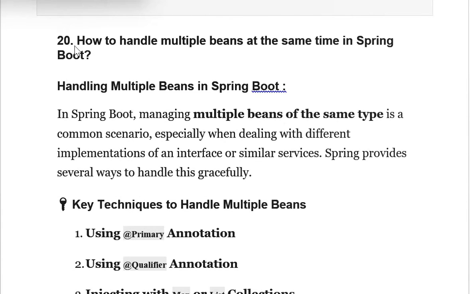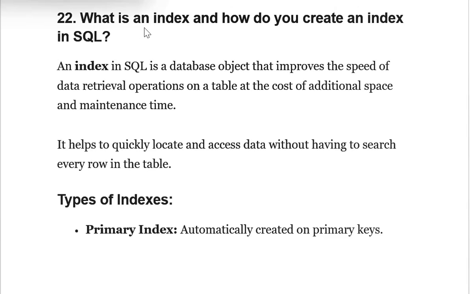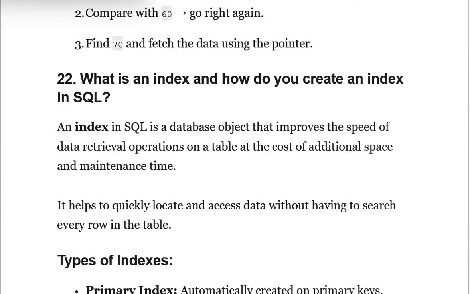And question number 20 is how to handle multiple beans at the same time in Spring Boot. And 21 is how indexing works internally. What is an index and how do you create an index in SQL? So these are the questions that are mostly asked in a Java Tech Lead interview.